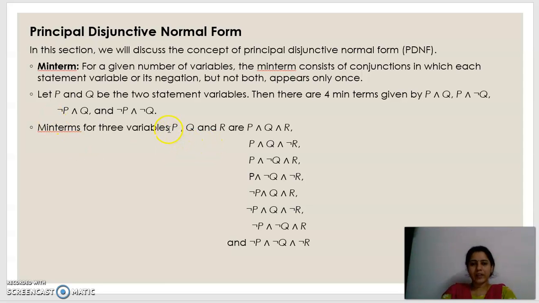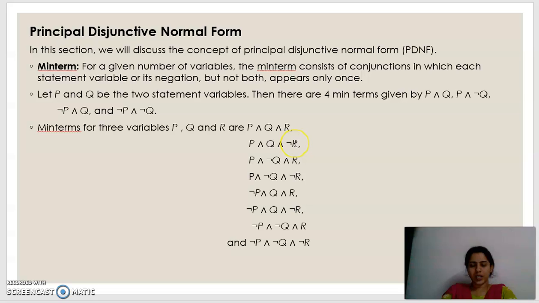If you have three variables P, Q, R, then you will get 8 possible min terms. These are the different possibilities which we can apply to P, Q and R. If you observe, in the first min term, all of P, Q, R are normal statements.